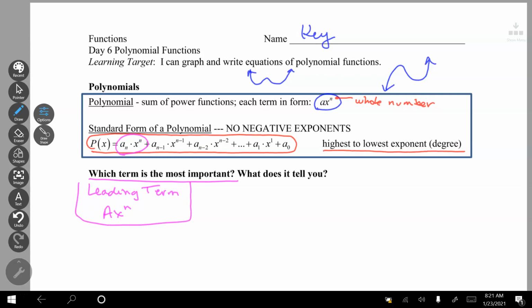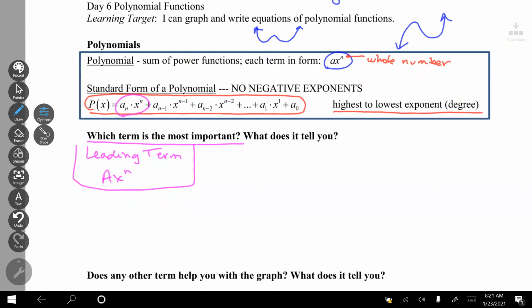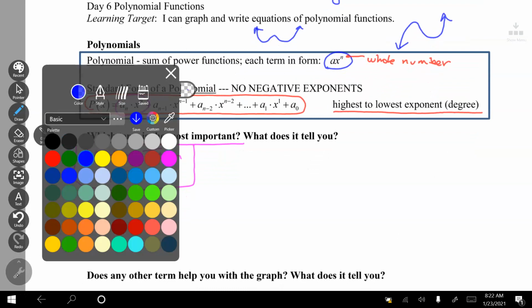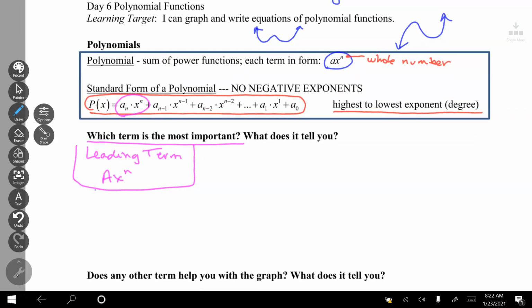And we're going to break it up into pieces because each little part has to do something with what we're going to graph. The first part is what I call this leading coefficient, the number up front. And the leading coefficient a, so if a is equal to a positive number, that means the right side of the graph will go up to infinity.